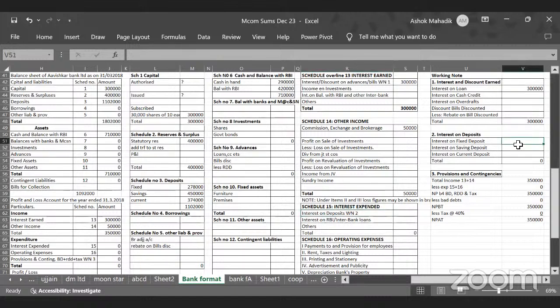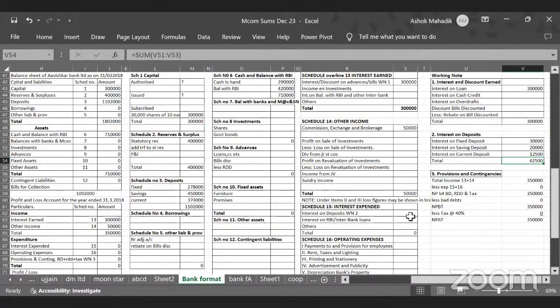So first is interest on fixed deposit, 30,000. So I'll put 30,000 here. Then interest on savings account 20,000. Then interest on current account 12,500. Totally 62,500.